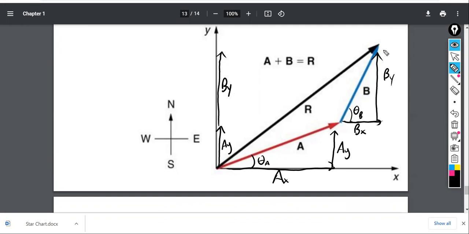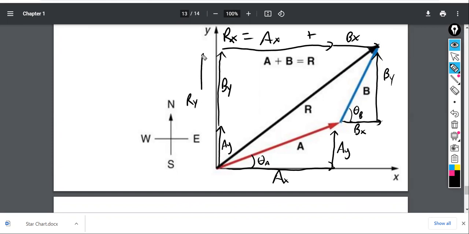Vector B brought me up this much. And so the resultant brings me up the sum of those two. Likewise, A brings me over that much. B brings me over the rest of the way, so that my resultant X is just equal to the sum of those two components. My resultant R, right, is equal to the sum of AY and BY.